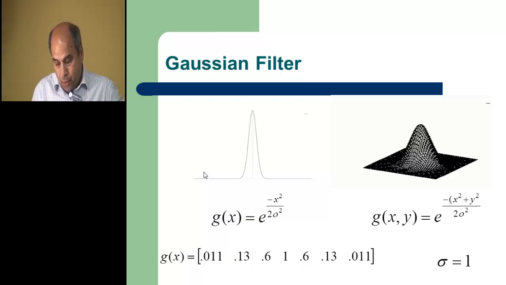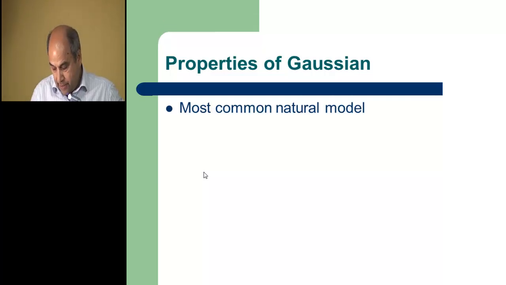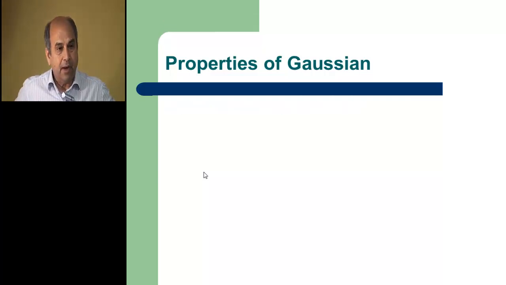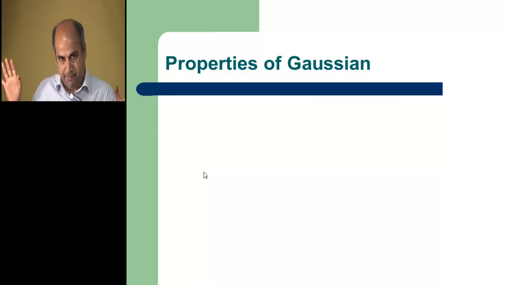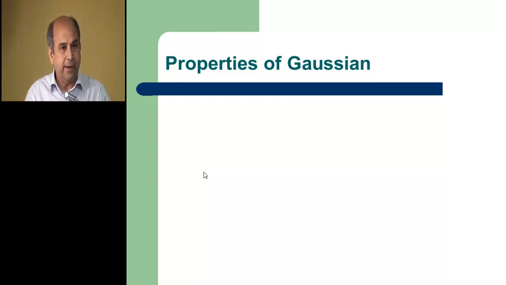Okay, so now the Gaussian has lots of good properties. Gaussian is called Gaussian distribution, normal distribution, bell curve, and there are lots of names for that. The interesting thing is that it's named after a very famous mathematician and physicist called Gauss, who was a German scientist.